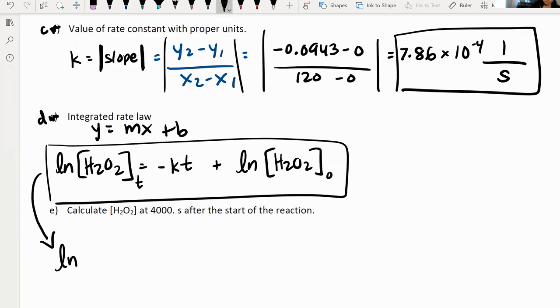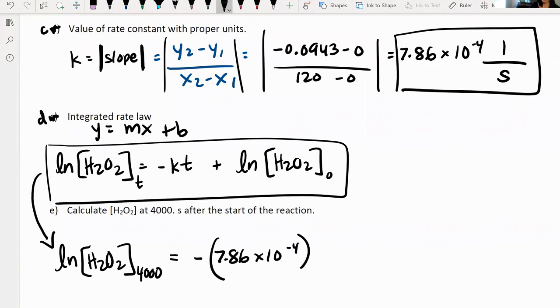And so natural log of the hydrogen peroxide at time of 4,000 seconds is equal to negative, grab your answer for k, 7.86 times 10 to the negative 4, substitute in the desired time, 4,000, and then sub in the natural log of the concentration at time 0, the initial. You actually have that number given to you in the data table. I already did the calculation for you.